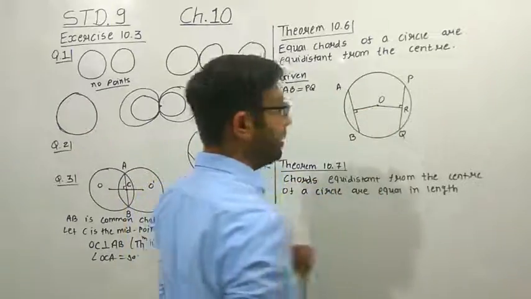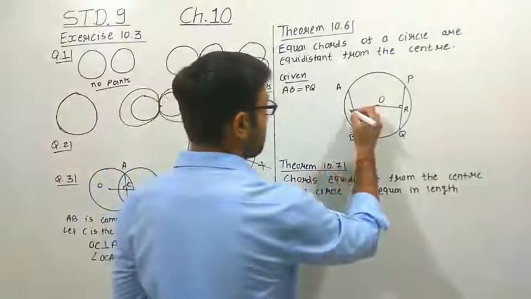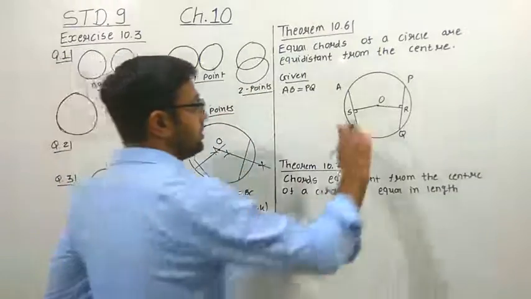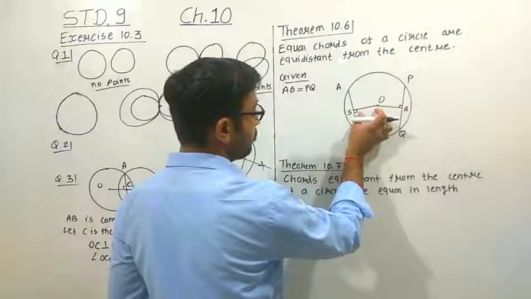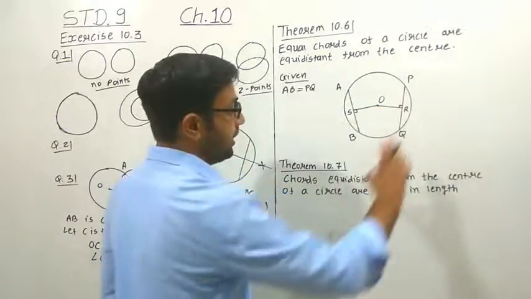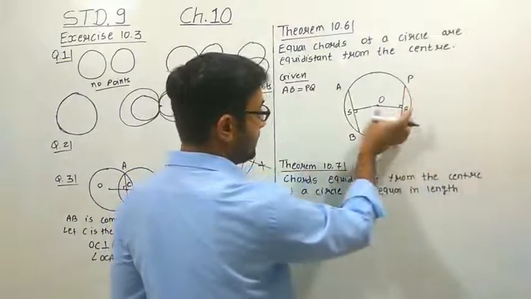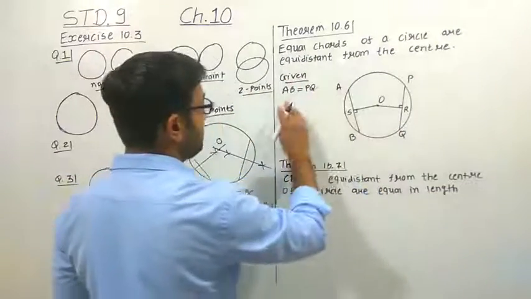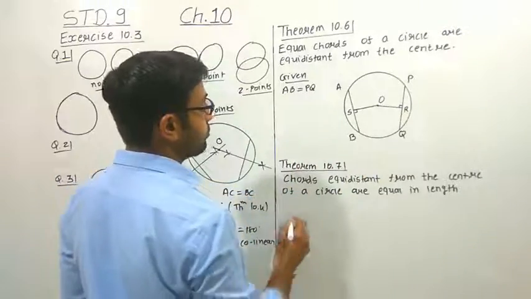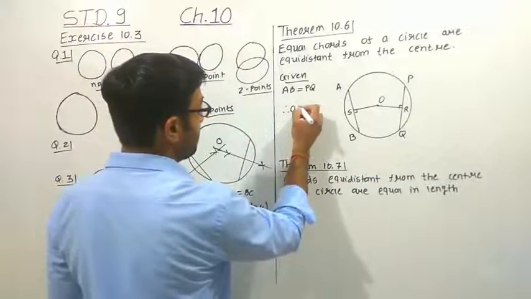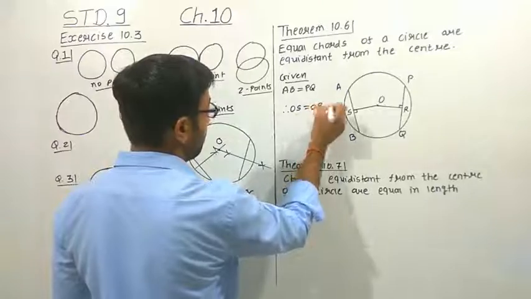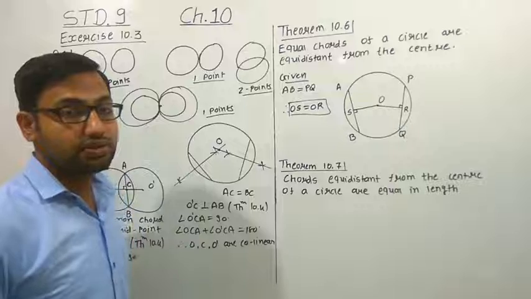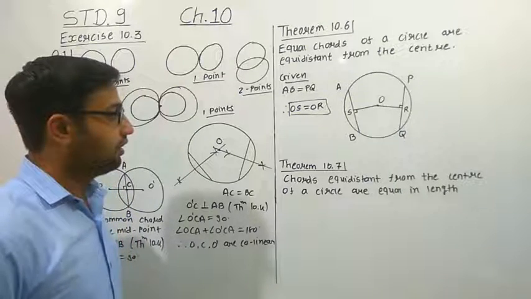Let's suppose this intersection point is S. So here, chord AB is at a distance of OS from the center, and chord PQ is at a distance of OR from the center. According to this theorem, if these chords are equal, their distances are also equal. Therefore we can say that OS is equal to OR. If the chords are equal, then their distances from the center are also equal, right?